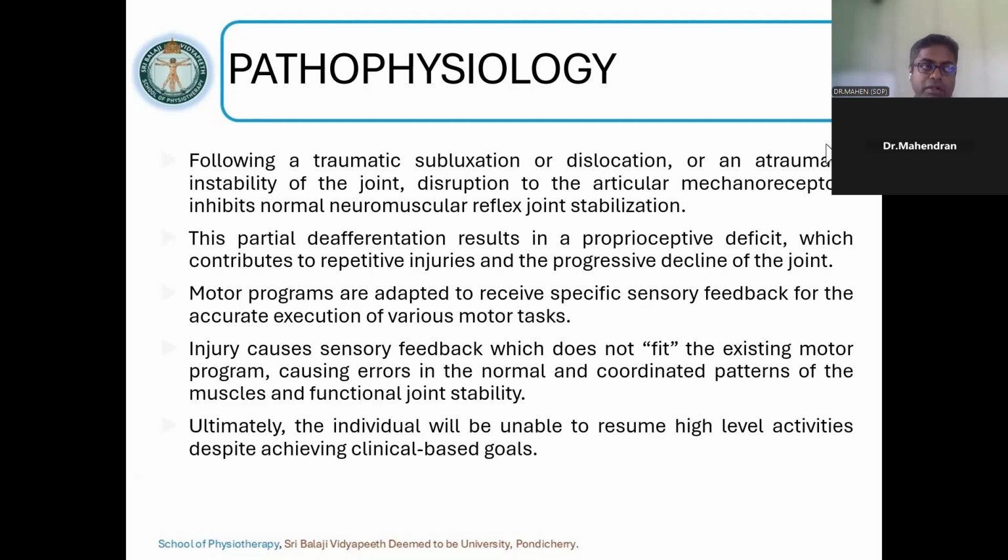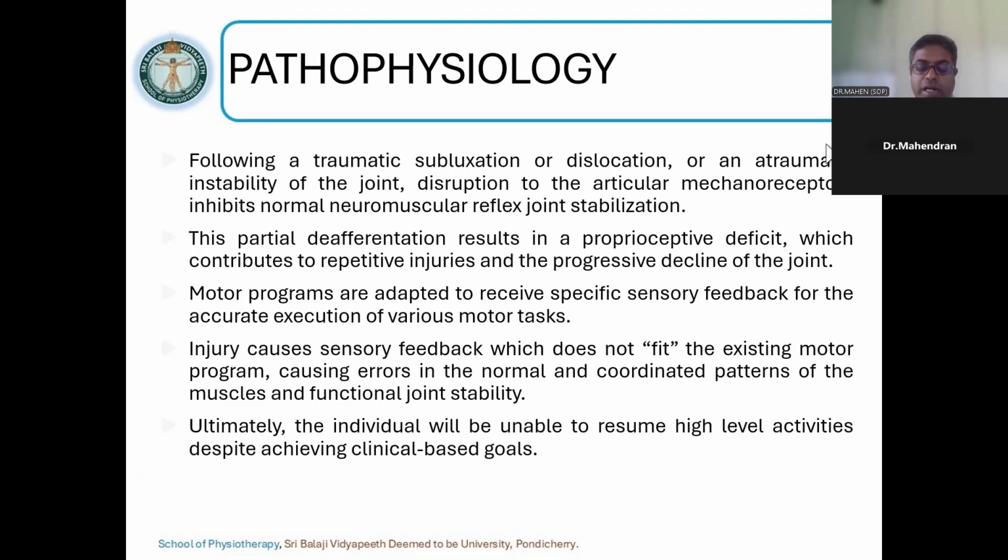So by that, what happens? The normal joint stability as well as the muscular function in the affected area will be affected. Ultimately, the individual will be unable to resume a high level of activities despite achieving the clinical goals. The clinical goals we mean are pain reduction or functional restoration, all of which may happen.